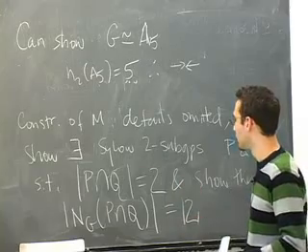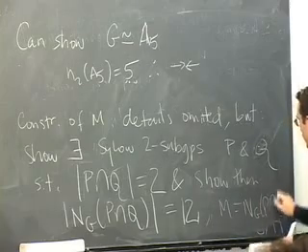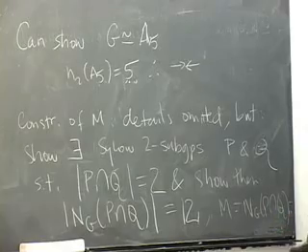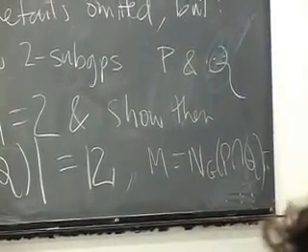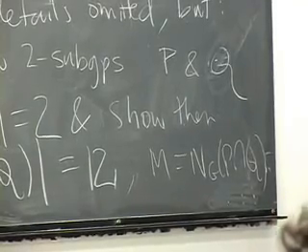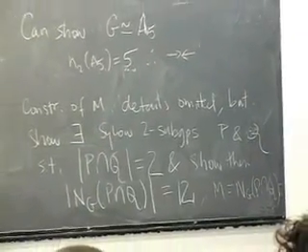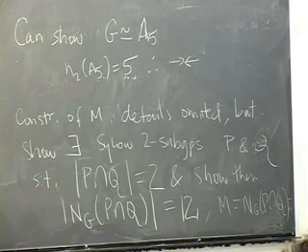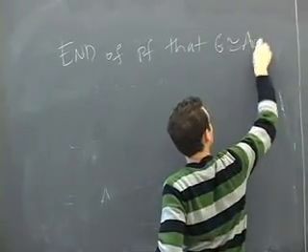So M is equal to the normalizer of P intersect Q in G. Okay. So that's great. This shows completely that G is isomorphic to A5. This finishes the proof that G is isomorphic to A5.